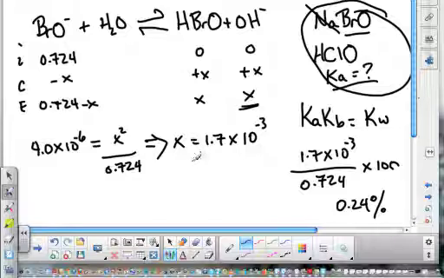That is not your pH, that is your pOH. 2 steps away from your pH if you have a base. So pH, take that from 14, is equal to 11.23. And that concludes our Chapter 16 wrap-up.